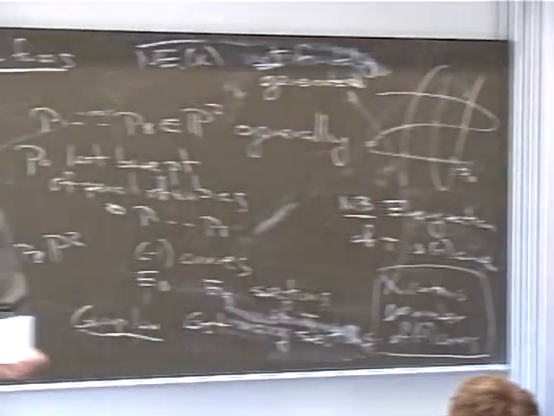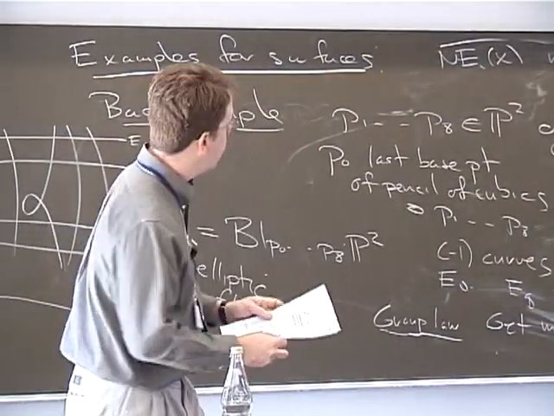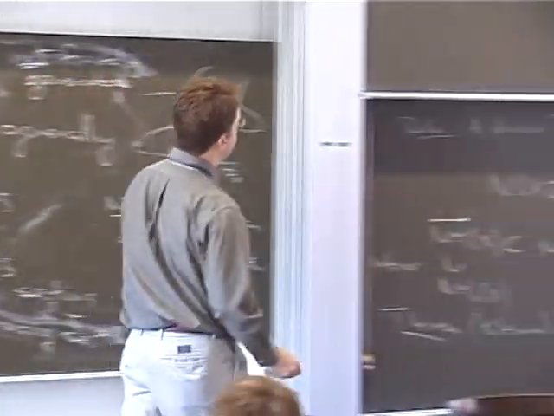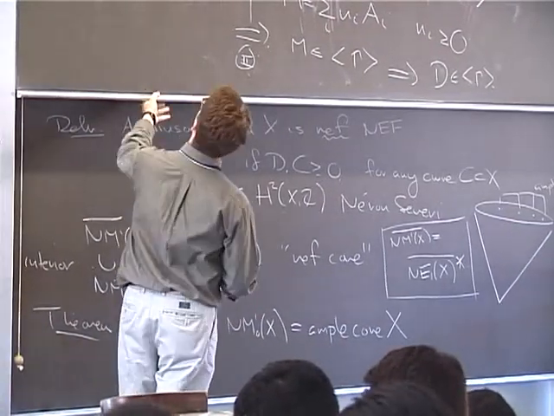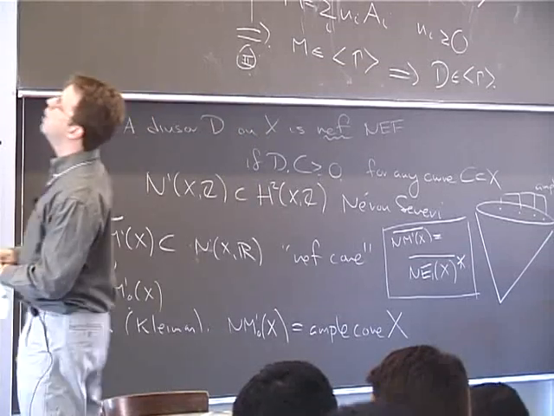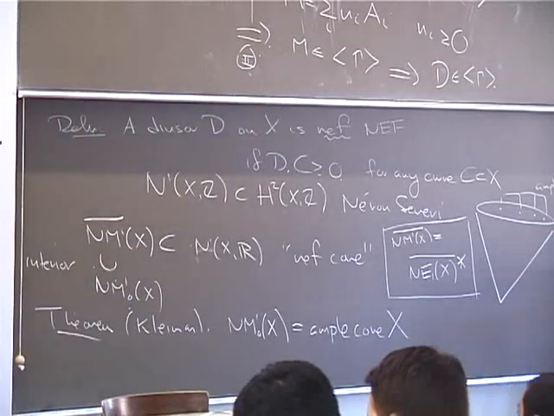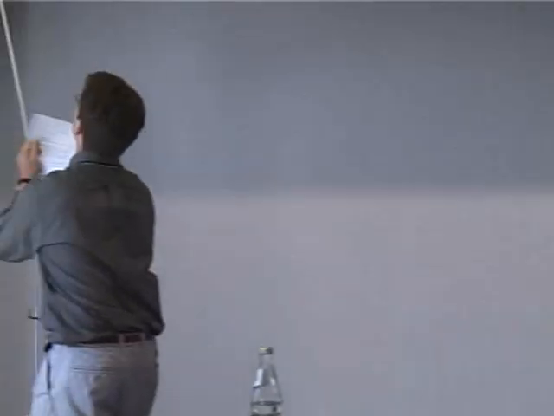So what I'd like to do next is to try to describe in a more systematic way the shape of the effective cone. Some boards, say.